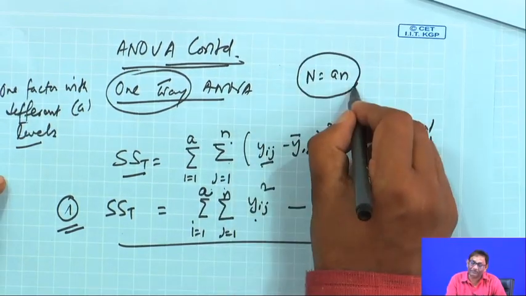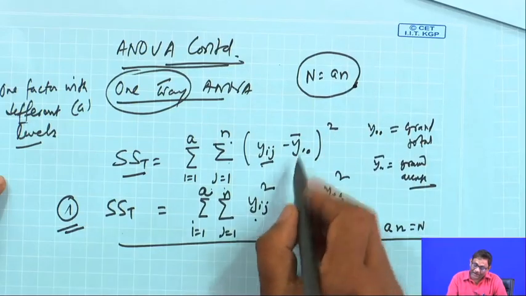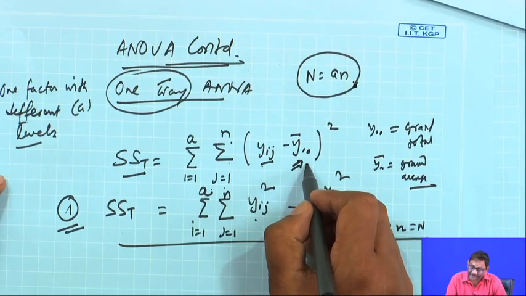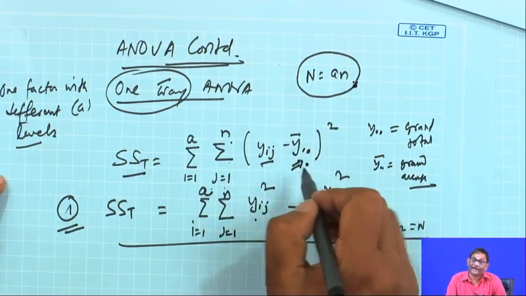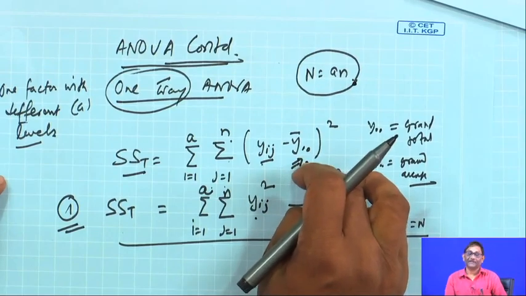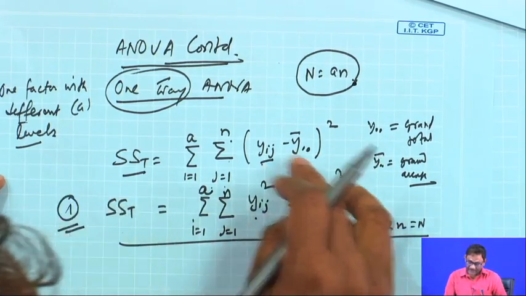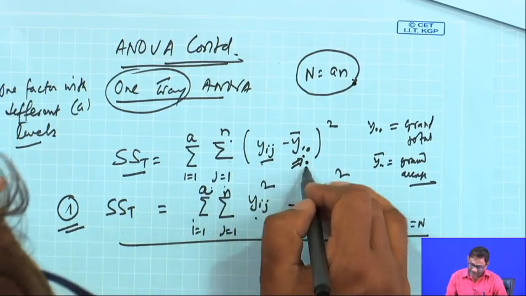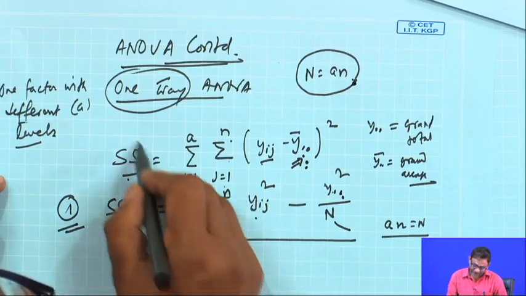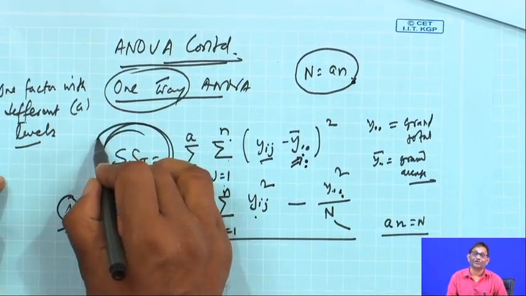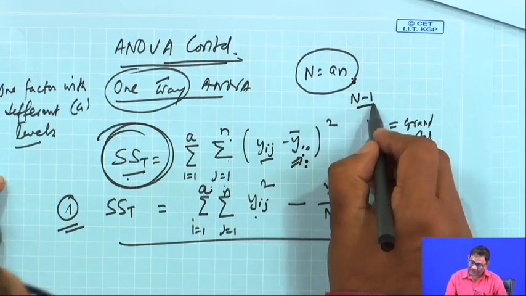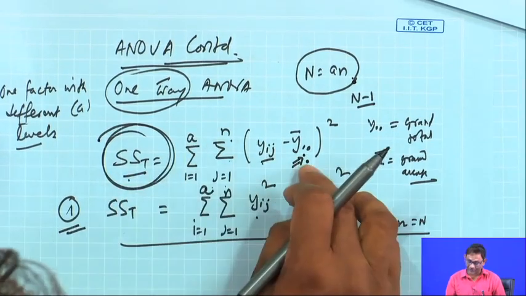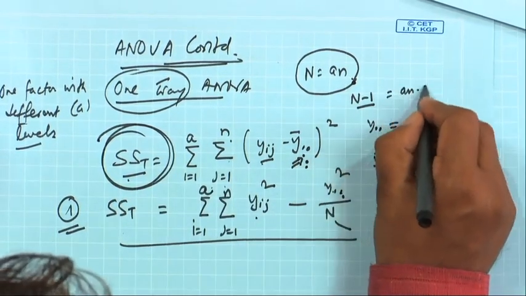This amount of data you have, but every time you have subtracted the grand mean, the grand average. So, you have estimated the grand mean, that means one parameter is estimated here. As a result, in computing this statistic SS total, you have N minus 1 independent observations, one is lost. So, that equals a n minus 1.